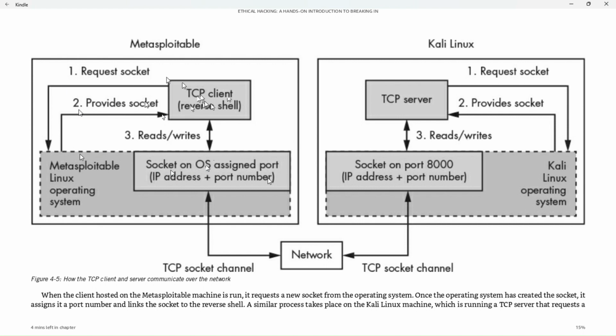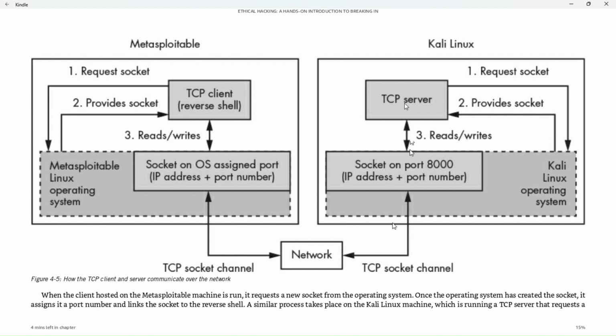I get a reverse shell. Then there's the network TCP socket channel, with a socket on port 8000, whatever port you want, on the Kali Linux operating system. You can read and write. You can request a socket, and it provides the socket, the TCP server.